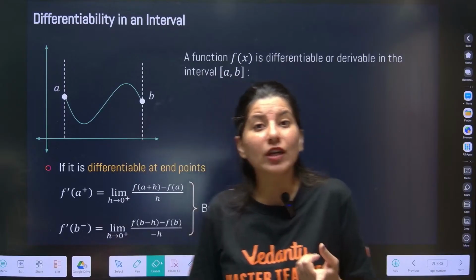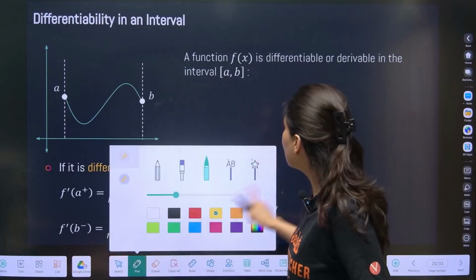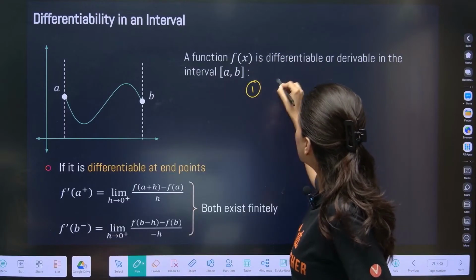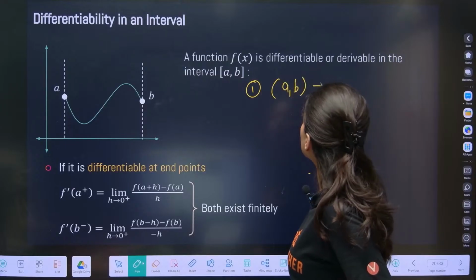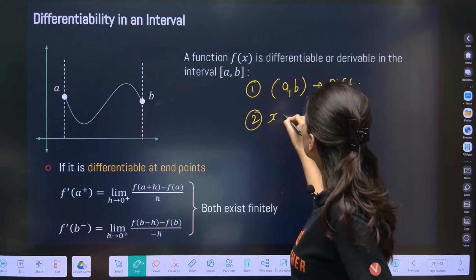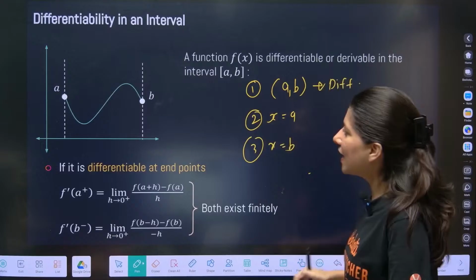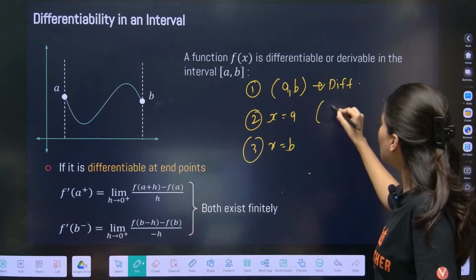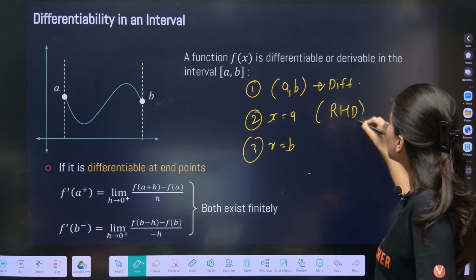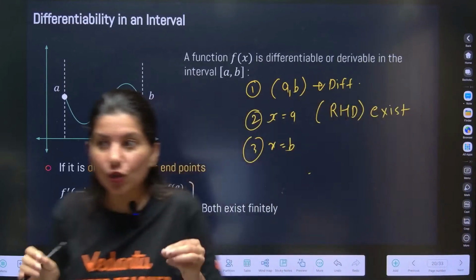But if you are talking about the close interval, what we will do is, number 1, in the open interval it should be differentiable. But ma'am, what about x equals to a and x equals to b? Just understand that for x equals to a, only the right hand derivative should exist, finitely.